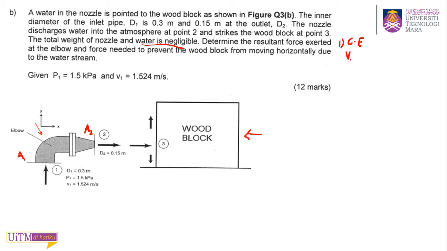So V2 will equal to A1, pi times 0.15 squared, bahagi A2, 0.075 squared, times V1 is 1.524. Okay, so what's the value for V2?